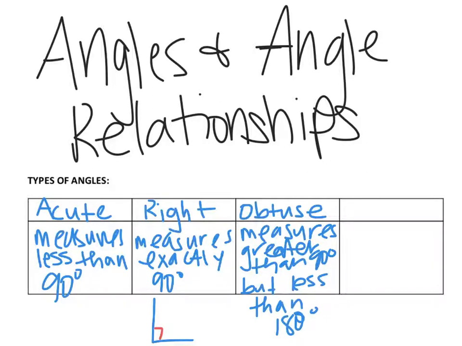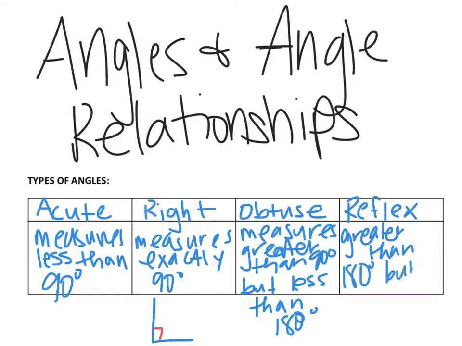And then our final angle that we're going to focus on, which probably is new to you, is a reflex angle. So a reflex angle is greater than 180 degrees, but smaller than 360 degrees.